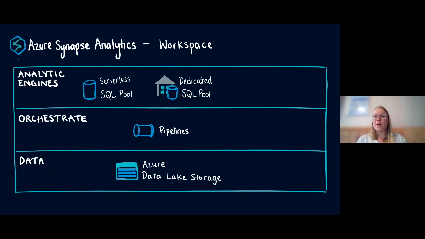So there are a bit of differences between the serverless SQL pool that is on demand, whereas the dedicated SQL pools is dedicated, as it is said, in the sense that you do specify a certain capacity that you're going to use. And then you can, of course, scale that capacity and even stop the engine entirely and start it again.